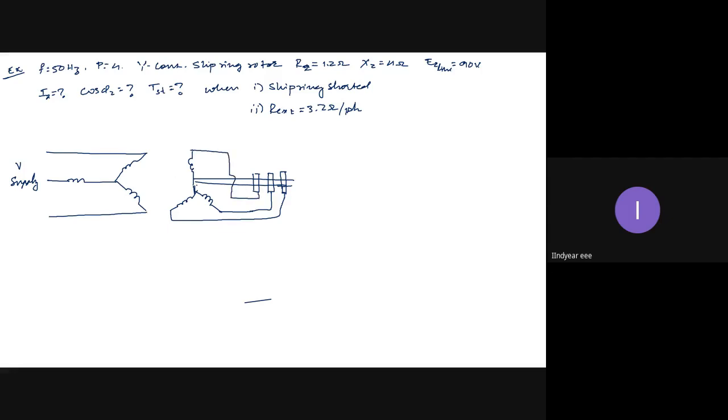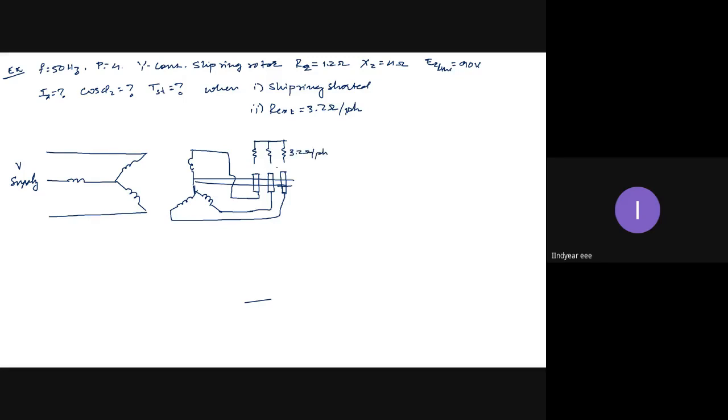So the 3-phase rotor winding is connected to the slip rings, and the slip rings are connected to some external resistance. This is a star connected external resistance. Now in the first case, the slip rings are short circuited. It means that these 3 slip rings are short circuited on themselves without this external resistance coming in contact with the winding. So this is 3.2 ohms per phase.